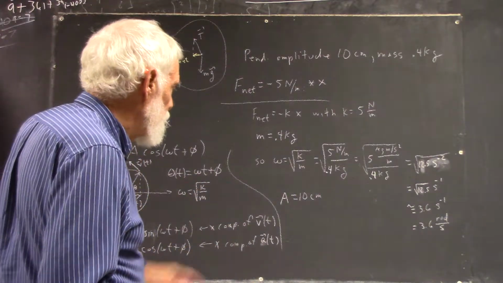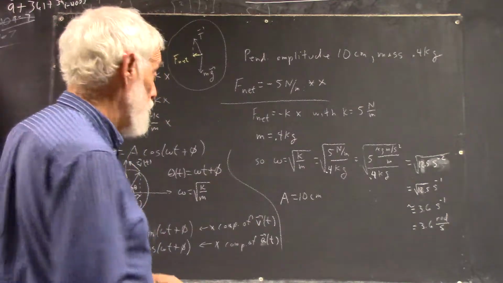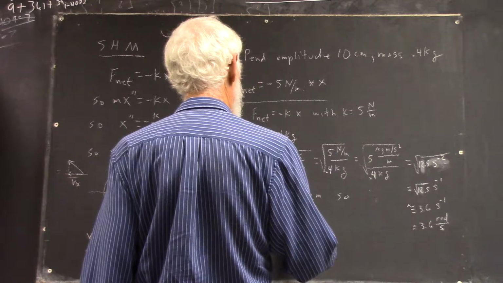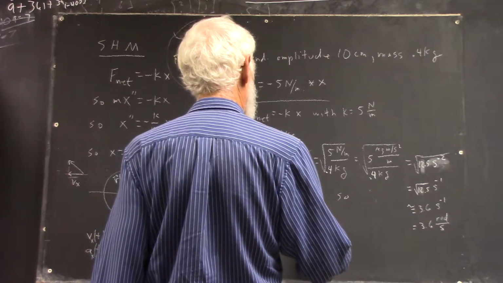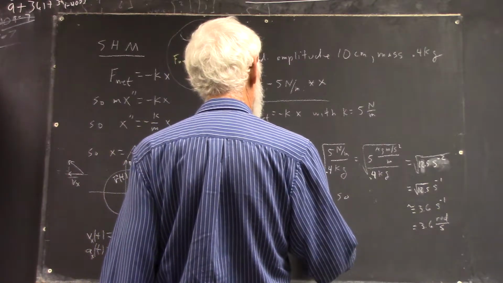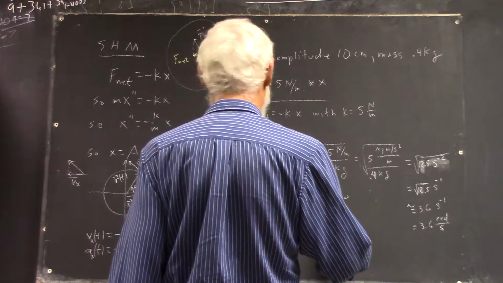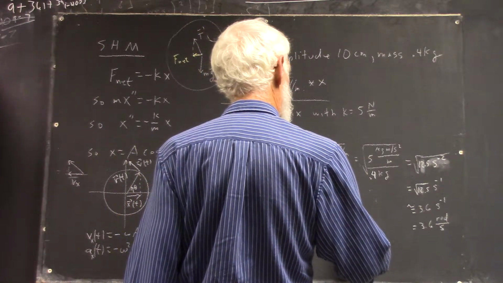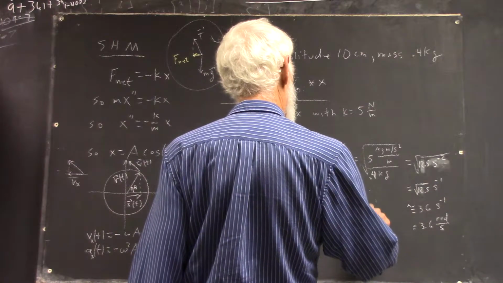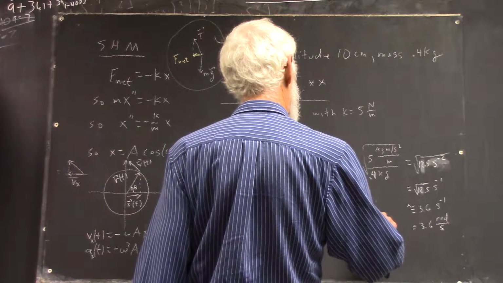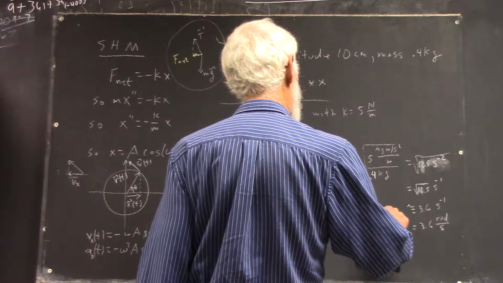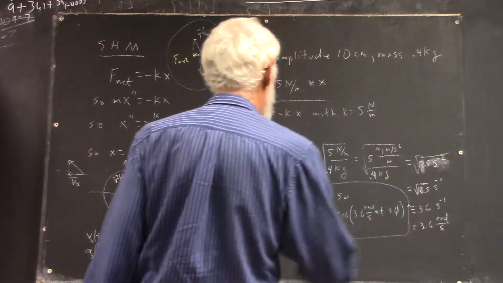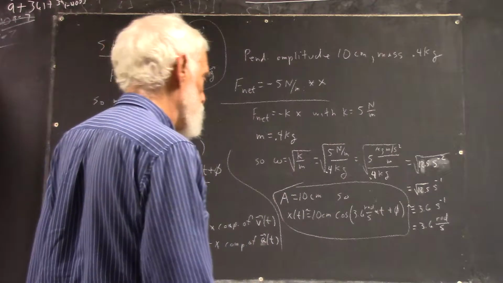Okay, so anyhow, you got amplitude is 10 centimeters. So x of t equals 10 centimeters, and this is approximate, times the cosine of 3.6 radians per second t plus 5.